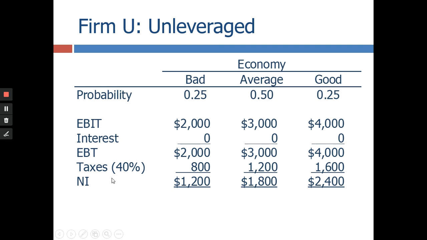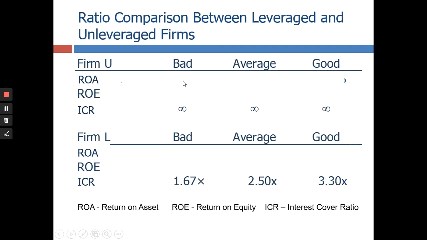So 1,200 divided by 20,000. How much do you get? You should be getting 6%.